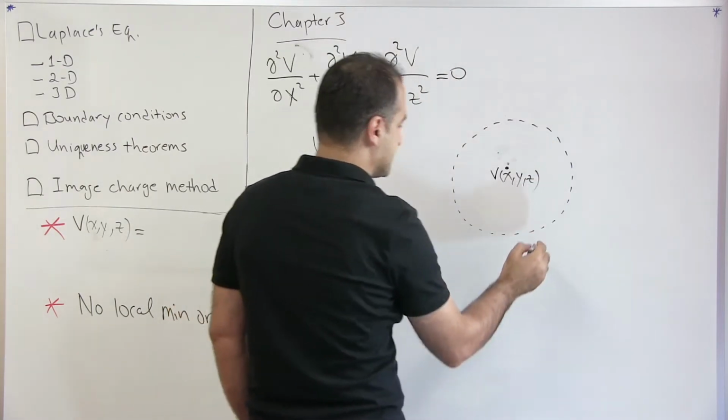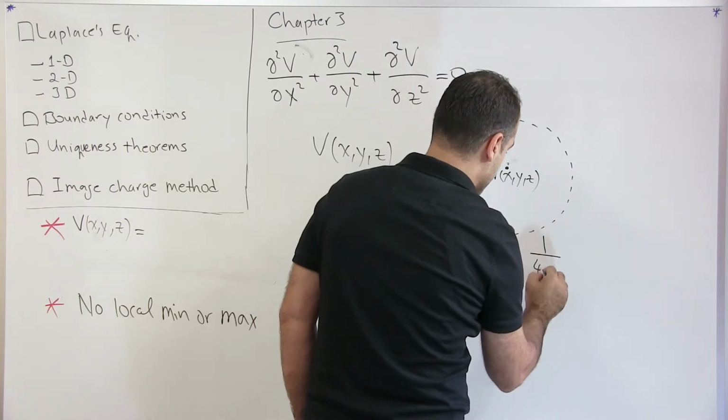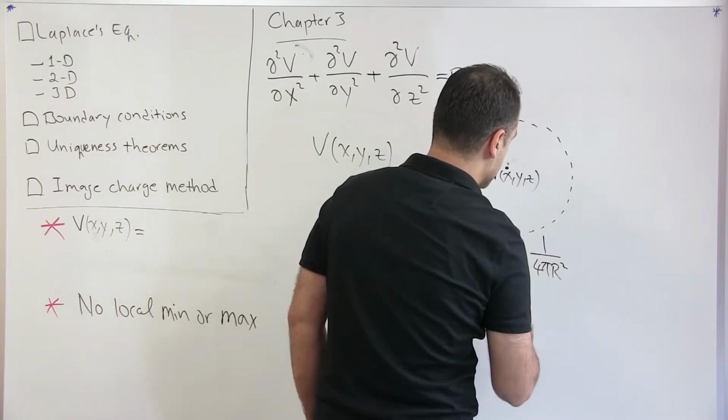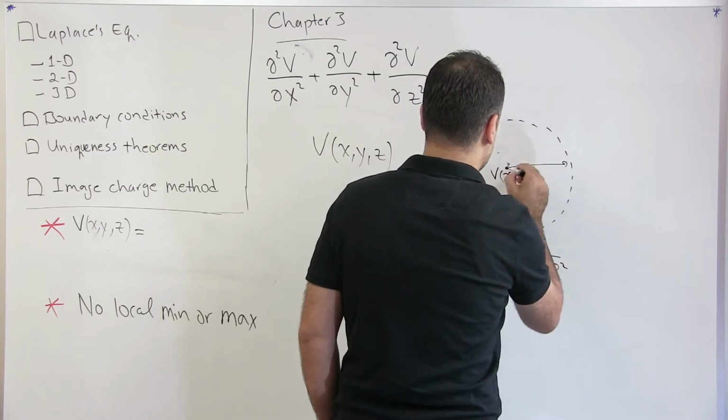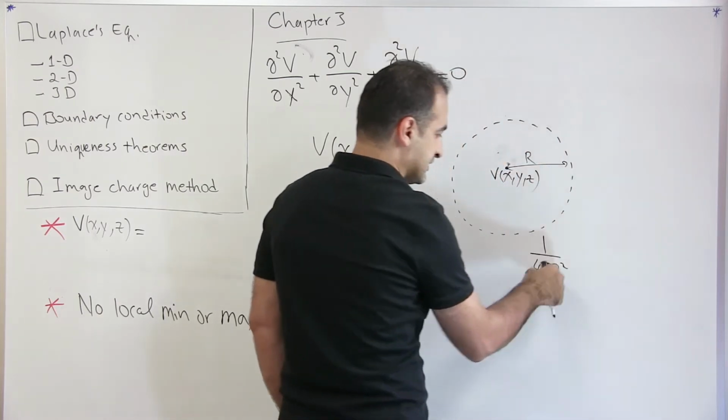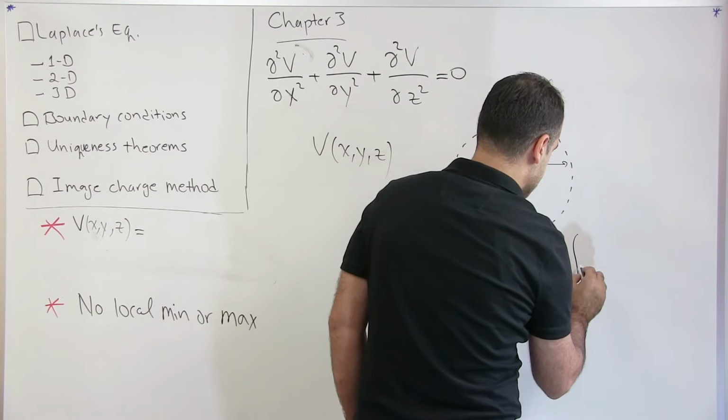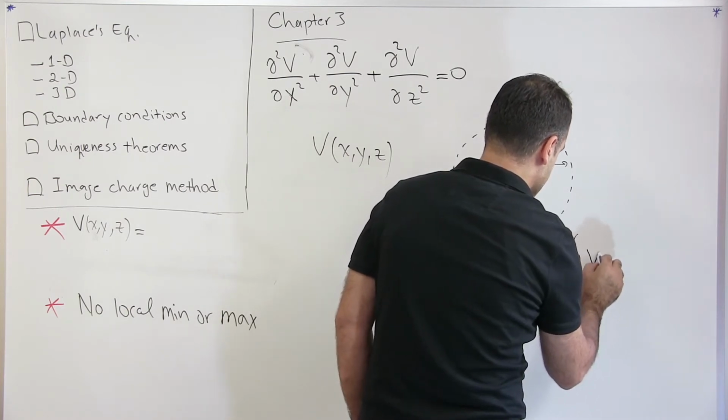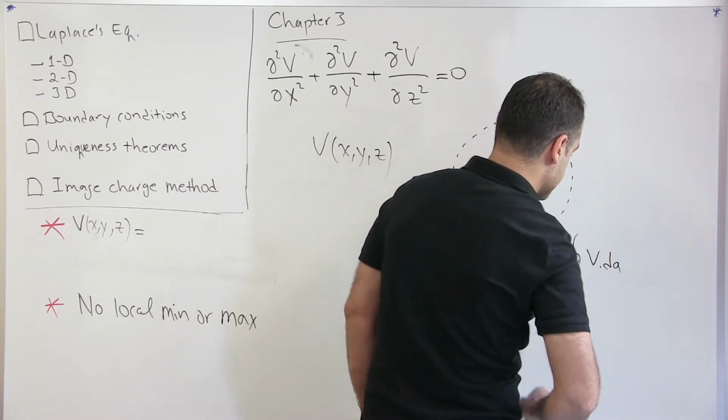The average on the sphere is 1 over 4 pi r squared. If this is r, this is the area, and then we're going to integrate over the surface V dot dA.